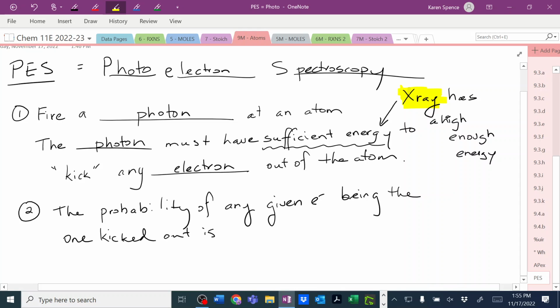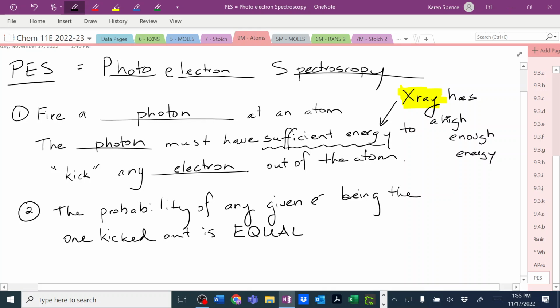So the probability of any given electron being kicked out is, how would you compare it with any other electron? Equal. The probability is equal to the probability of any other electron. So imagine this.